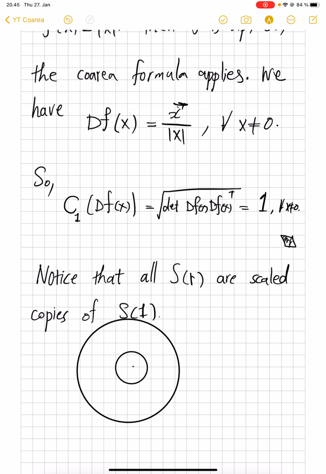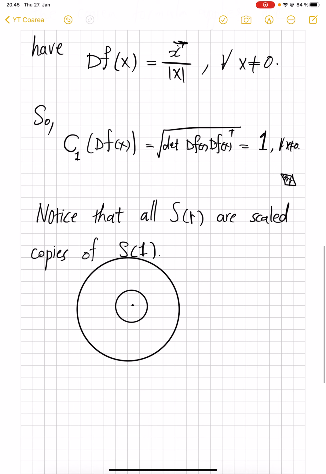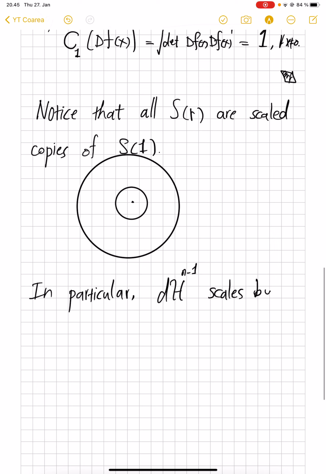Because this is an n-1 dimensional manifold, scaling multiplies the length in every direction by r. Therefore, let's say the measure dH1 scales by a factor of r to the power n minus 1.